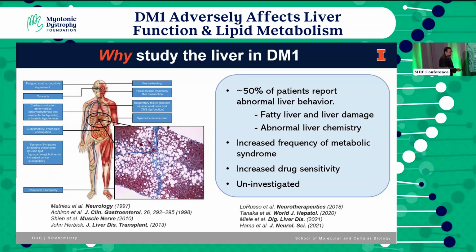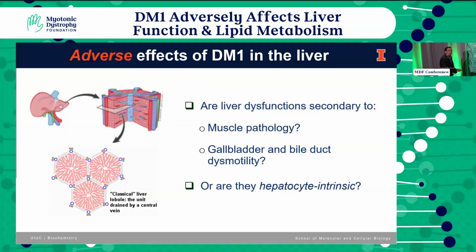And also, there is increased frequency of metabolic syndrome, and DM1 patients often show high frequencies of glucose intolerance, as well as increased sensitivity to specific drugs, especially certain anesthetics and muscle relaxants. Now, despite the commonly observed GI disturbances, metabolic dysregulation, fatty liver, and increased sensitivity to drugs, the root cause of such dysfunctions in DM1 remains unclear.